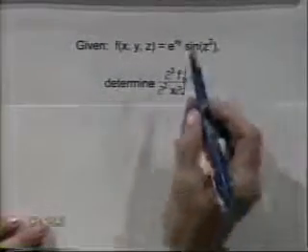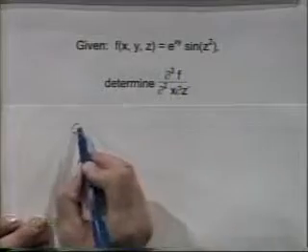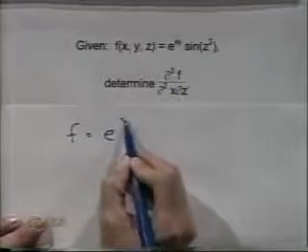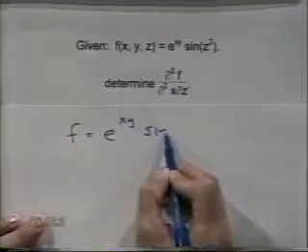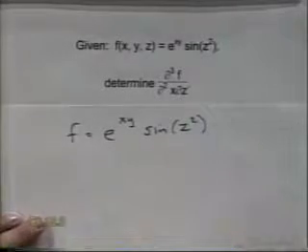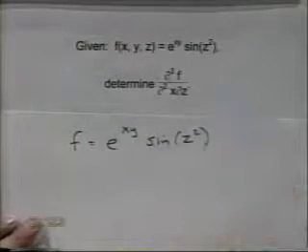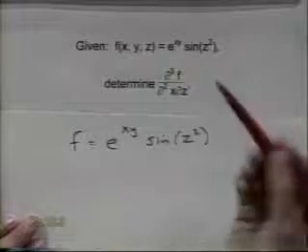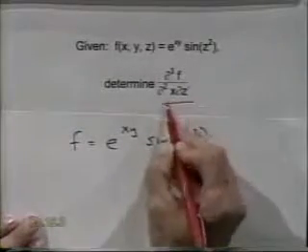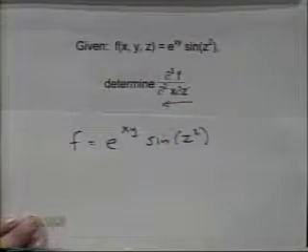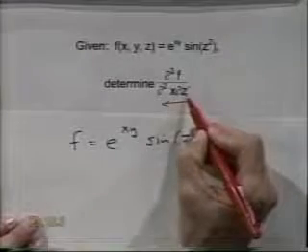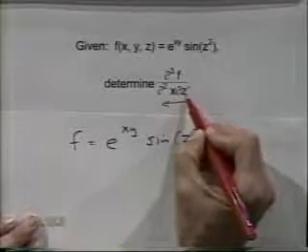Okay, a little bit more. How about this notation? These are higher derivatives. All right? Notice here my function is e to the xy times the sine of z squared. Now with this one, what is the order that we're doing? With this notation, remember, you read it this way. So first we are differentiating with respect to z.